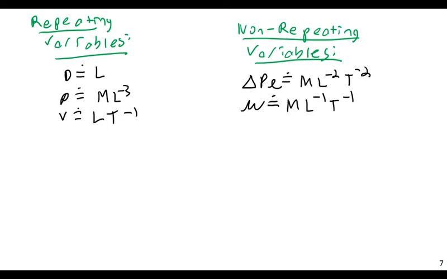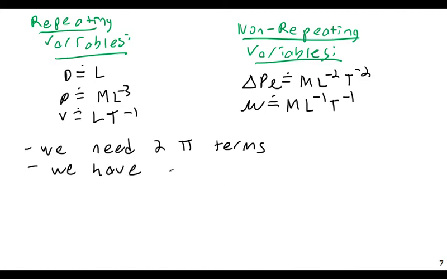Now remember, we determined that we were going to need 2 pi terms. And oh, look, we have 2 non-repeating variables.